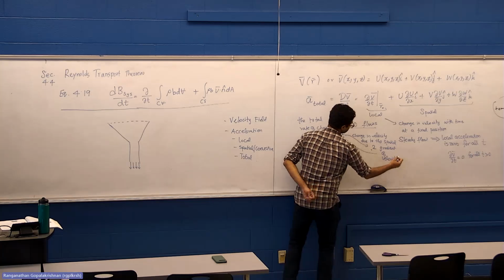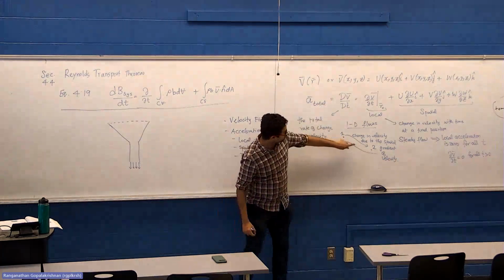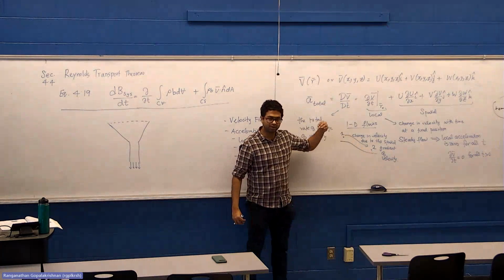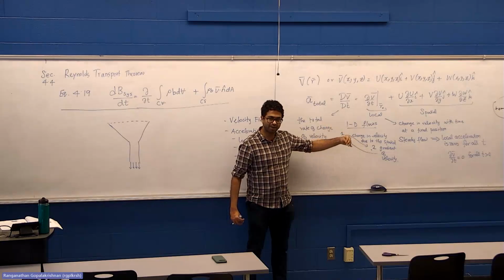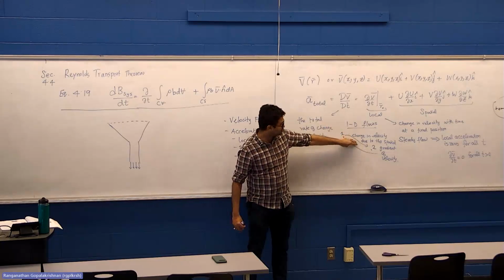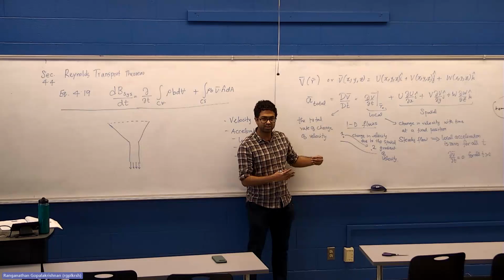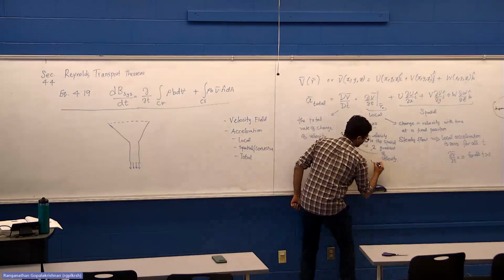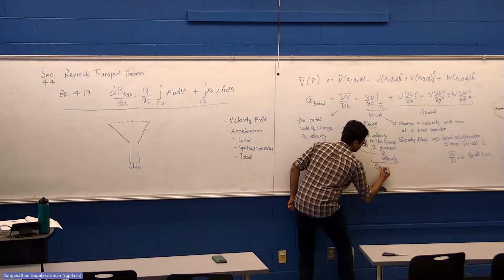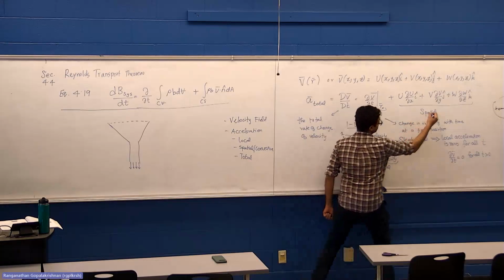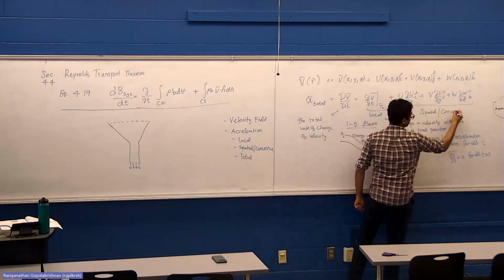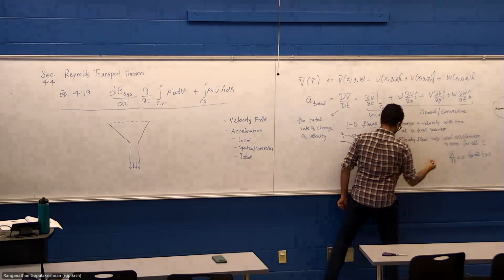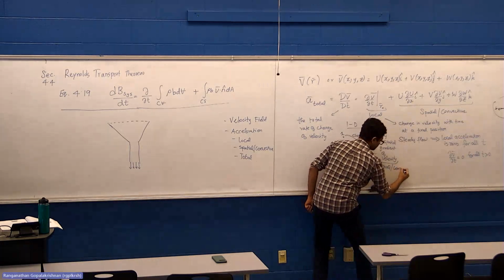That is, you are accelerating in the sense that you go from point 1 to 2, like going down a waterfall or going down a rapid. The change in velocity due to the spatial change also contributes to acceleration, and that component is what we call the spatial. The book also uses the word convective, so I'll start using that. Convective component of the acceleration.